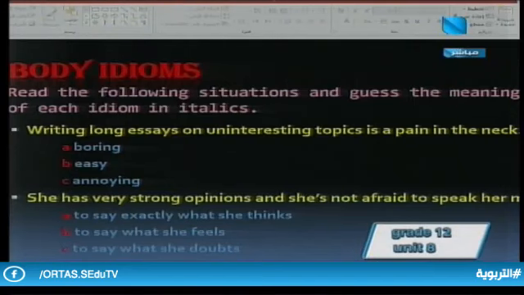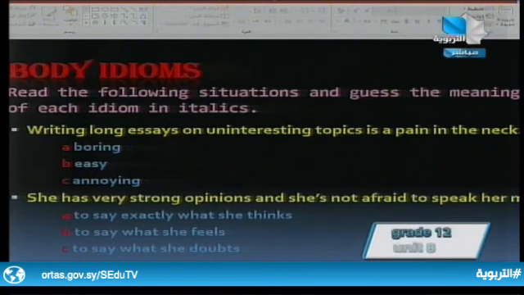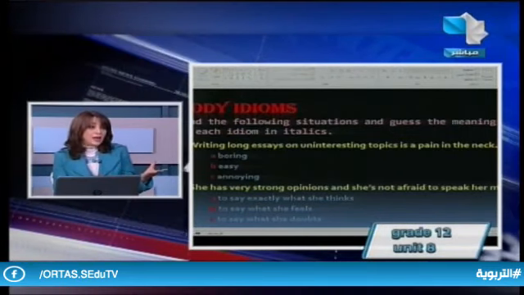They are expressions that we use to express a certain idea that is different from the literal meaning of these words. They exist in all languages.